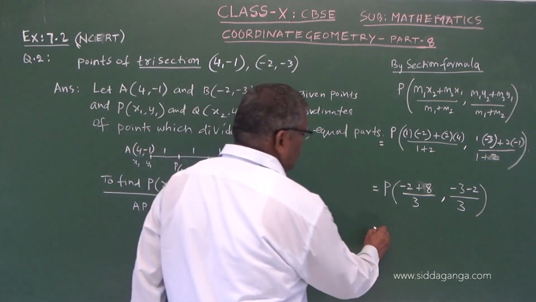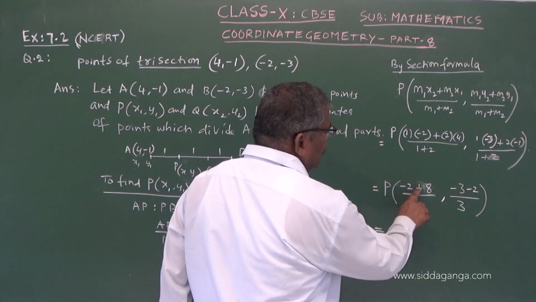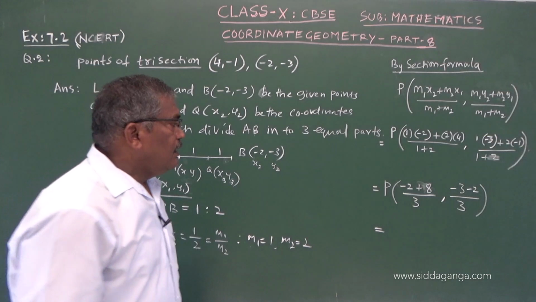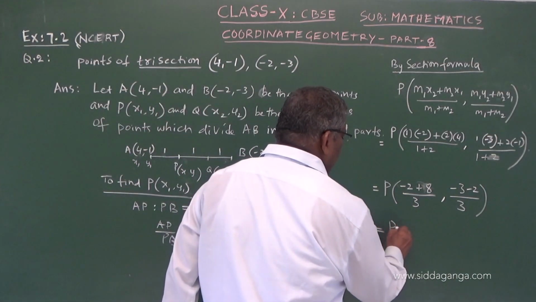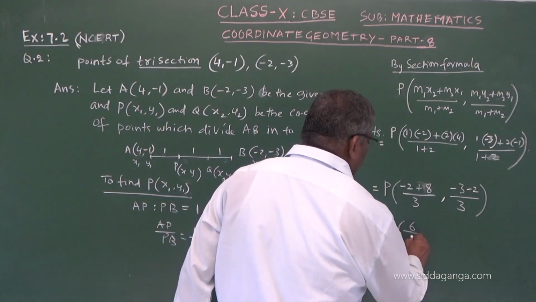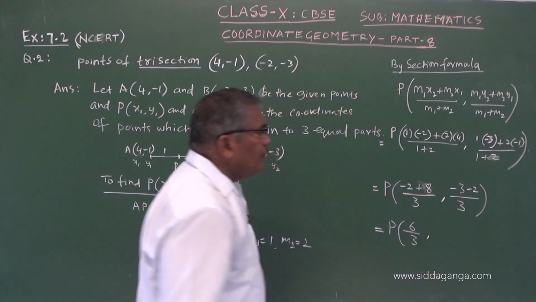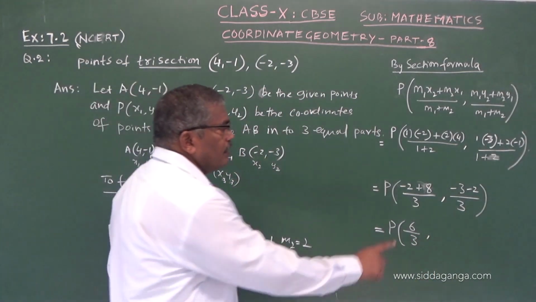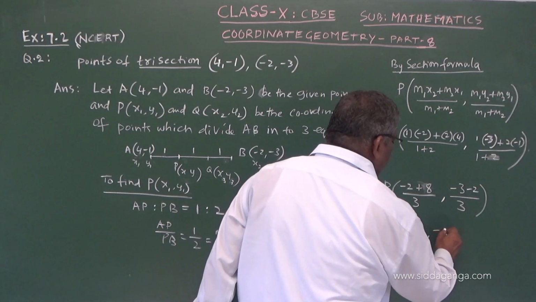Now this equals minus 2 plus 8 is 6, 6 by 3, comma, minus 3 minus 2 is minus 5 by 3.